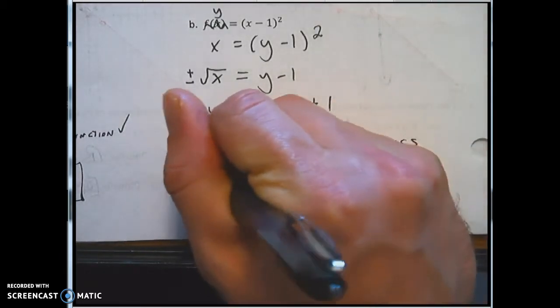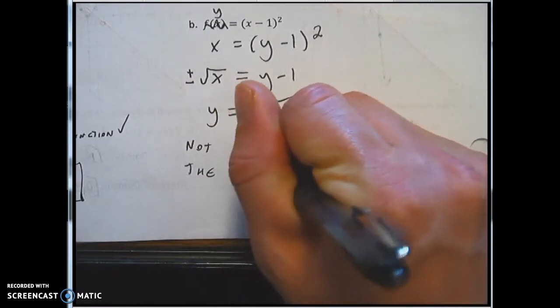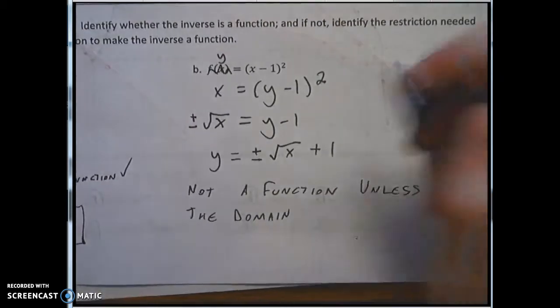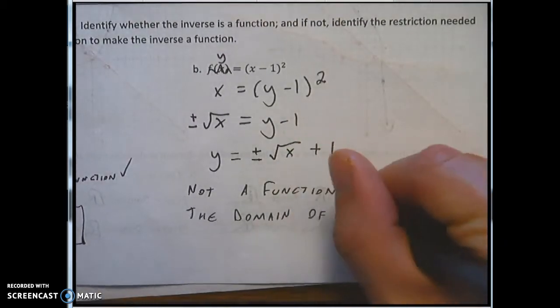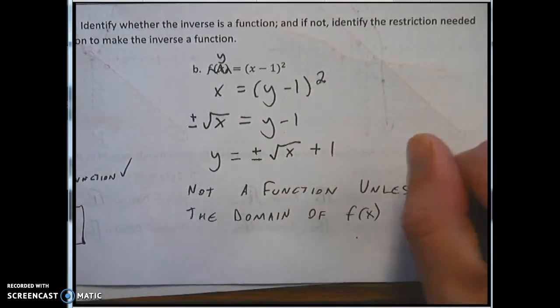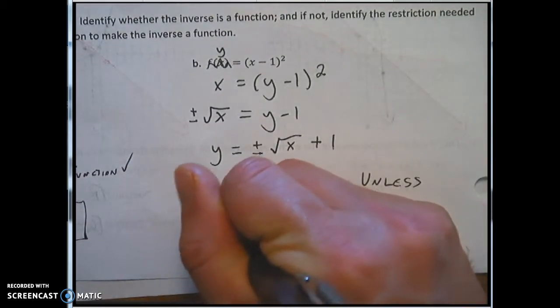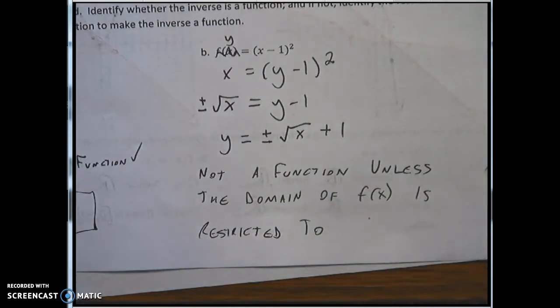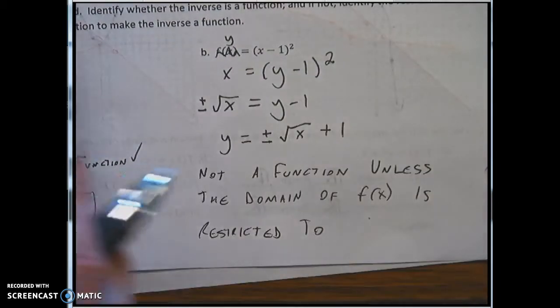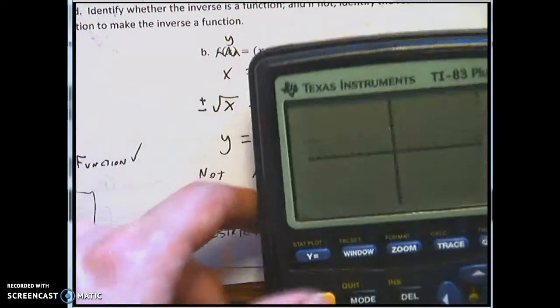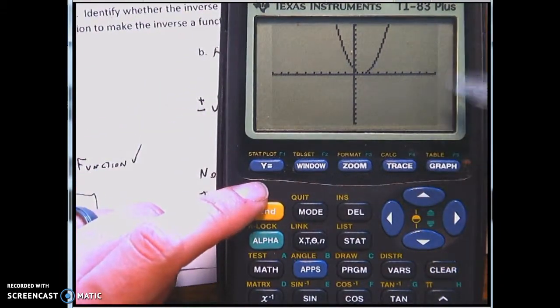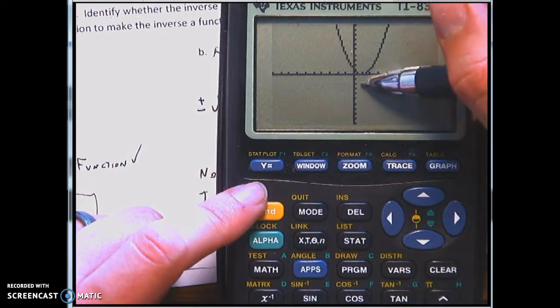the domain of the original function f of x is restricted to. Now here's the tricky part, figuring out what you need to restrict it to. I've just graphed x minus 1 squared right here, and we want to pick the value of x that splits this thing in half.